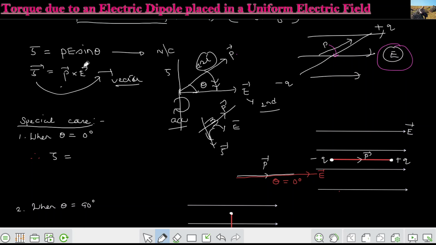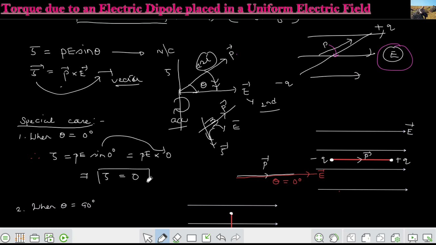The value of torque, if you put it in this equation, is PE sine of 0 degrees. You already know that sine of 0 degrees is equal to 0. So you'll get torque equal to 0.